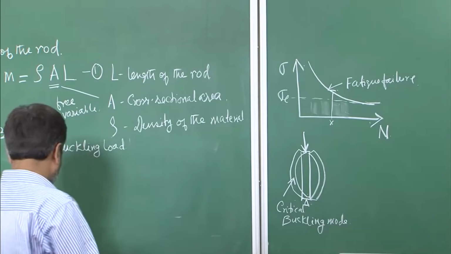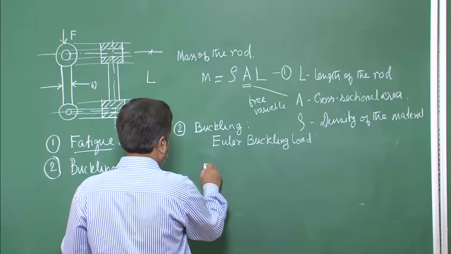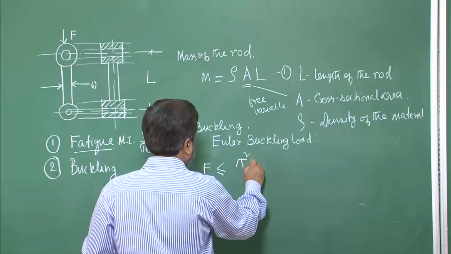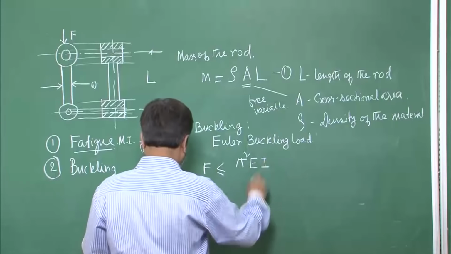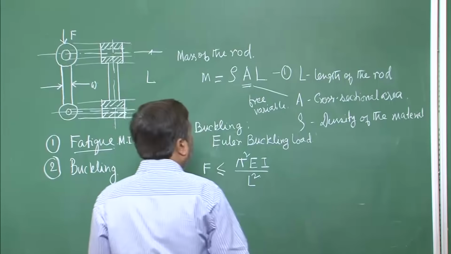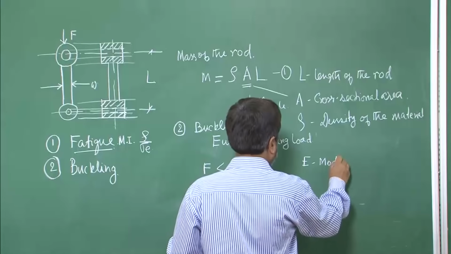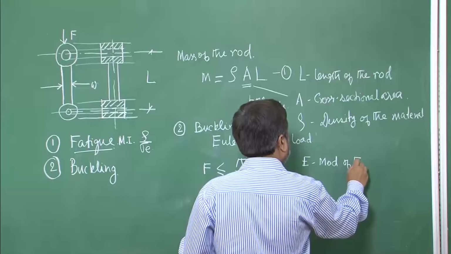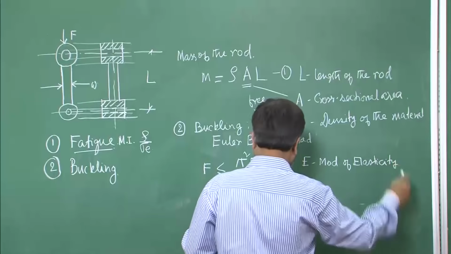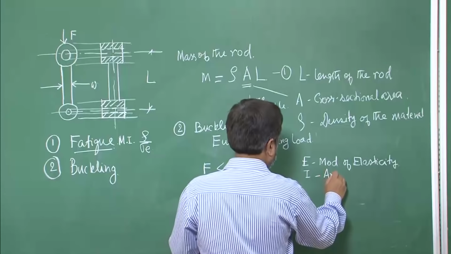And for that, we can write that the force has to be less than or equal to pi square E I over L square. Again, E is the modulus of elasticity, and I is the area moment of inertia.